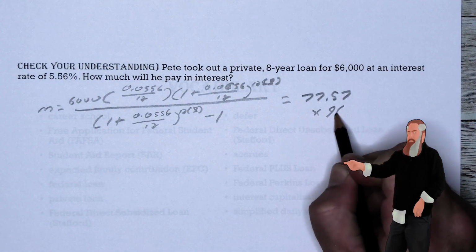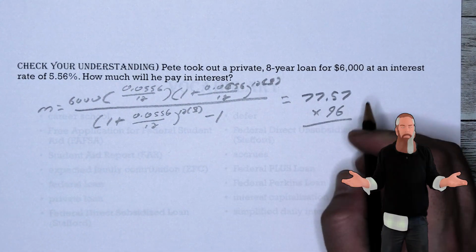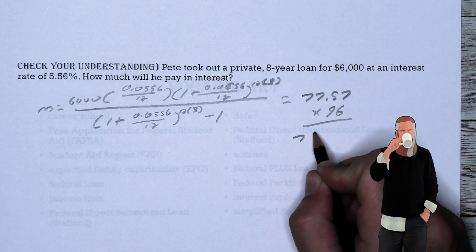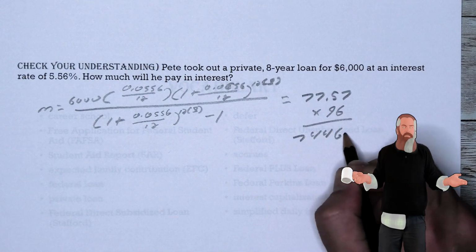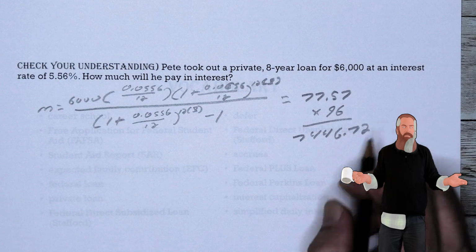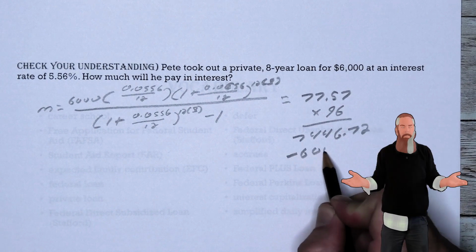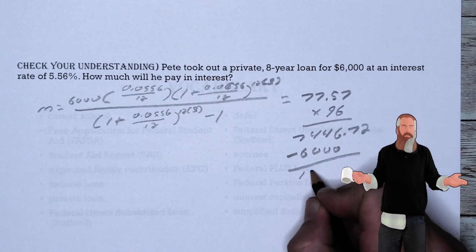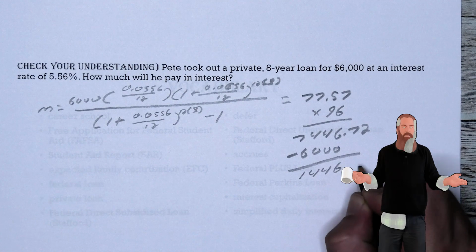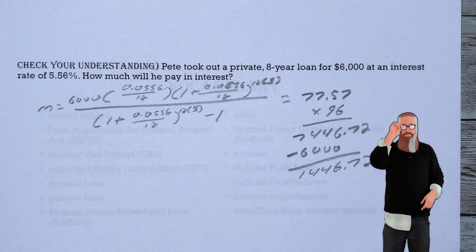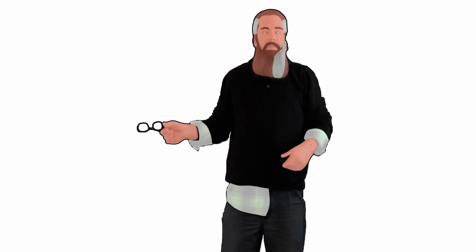We multiply this by the 96 payments that will be made over 8 years, and we get $7,446.72. Subtract the original $6,000 loan, and we get $1,446.72.